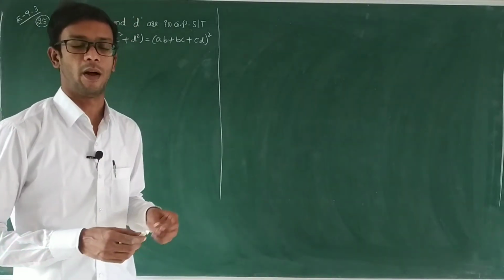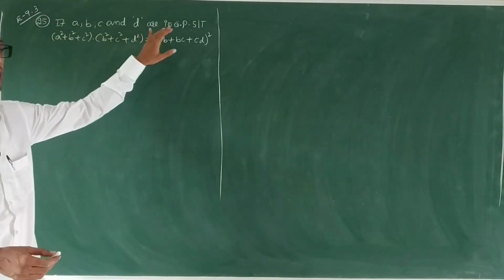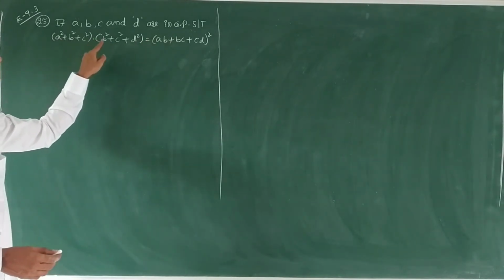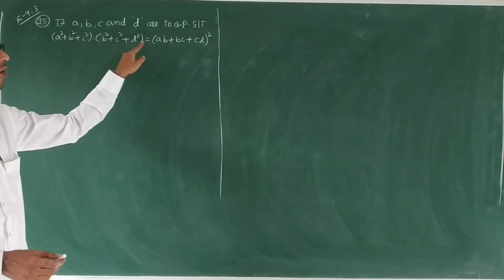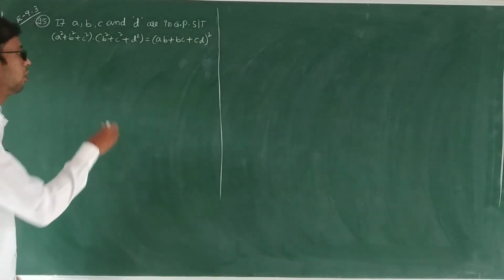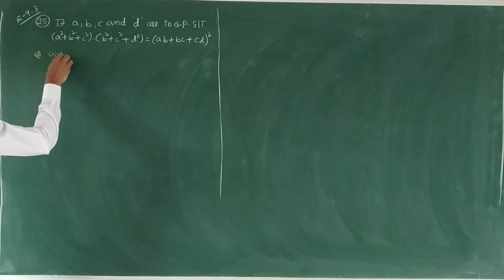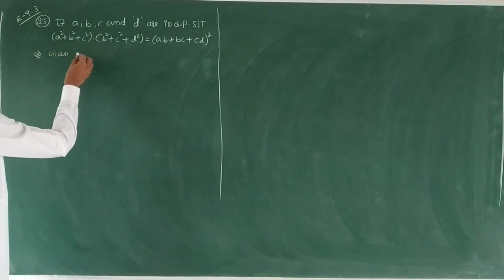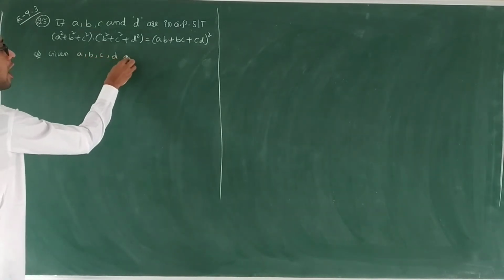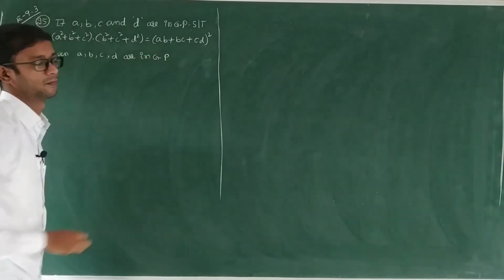Now problem number 25. If a, b, c and d are in GP, show that (a square plus b square plus c square) into (b square plus c square plus d square) is equal to (ab plus bc plus cd) whole square. So first of all I will write the given: a, b, c, d are in geometric progression.